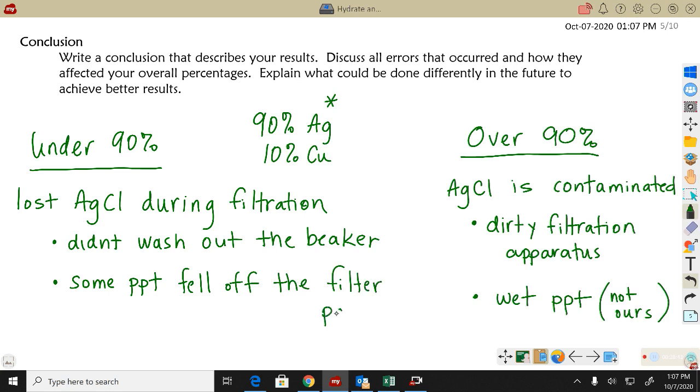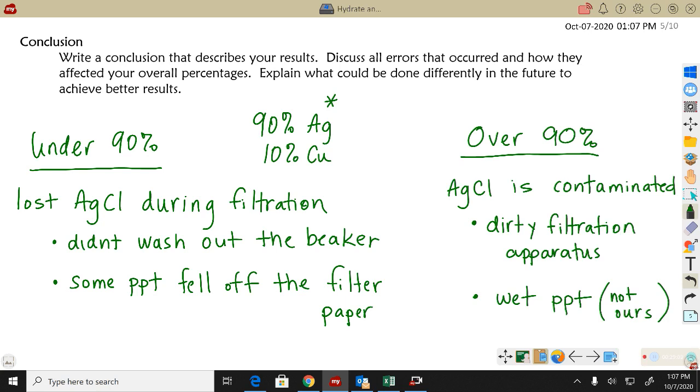That happens. Sometimes it's hard to get that little filter paper out of the funnel, and so you might lose a little bit. Or maybe it's on a paper towel and you bump it, and some of the precipitate falls onto the lab table or something like that.